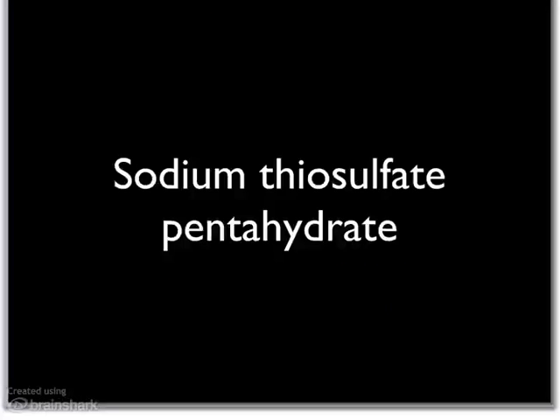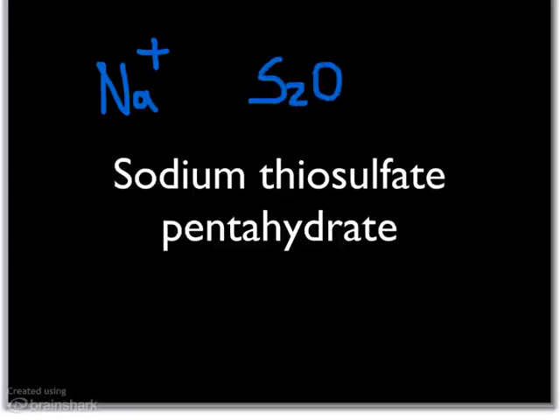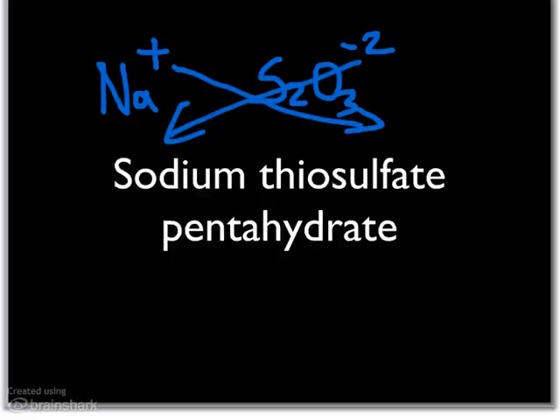Alright, and for the last example, look at sodium. Sodium on the periodic table is just basically Na, and the charge is a +1. Thiosulfate is a polyatomic ion, so it's one of those that you need to memorize. It's S2O3 -2. In this case, the charges aren't equal, so you need to do the crisscross rule with them.